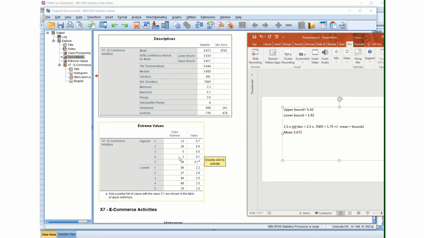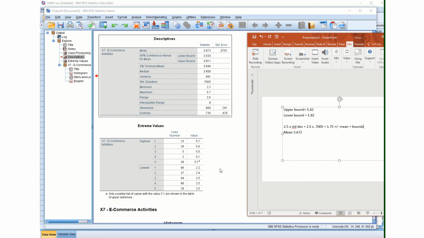So we have these different cases, and anything above 5.42. So here's case number 23, 26, and then number 5. Those are all above what we have here. And then anything below, no. So we need something below 1.92, and none of those are below.